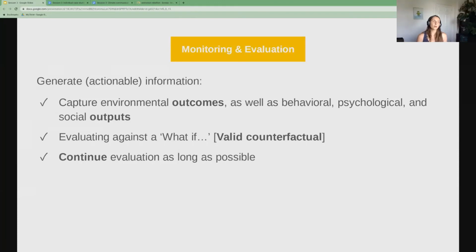So the only way of seeing whether you have actually changed their behavior effectively in the long run is by monitoring the outcomes over a longer period of time.